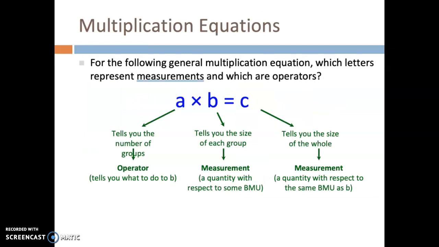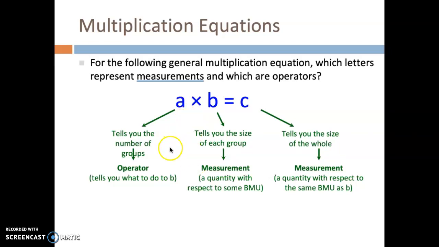So the multiplication equations. For the following general multiplication equation, each letter represents measurements or operators. Okay, so A times B equals C. A tells you the number of groups. The operator tells you what to do to B. So A times B: B tells you the size of the group, the measurement, or a quantity with respect to some basic measuring unit, BMU.